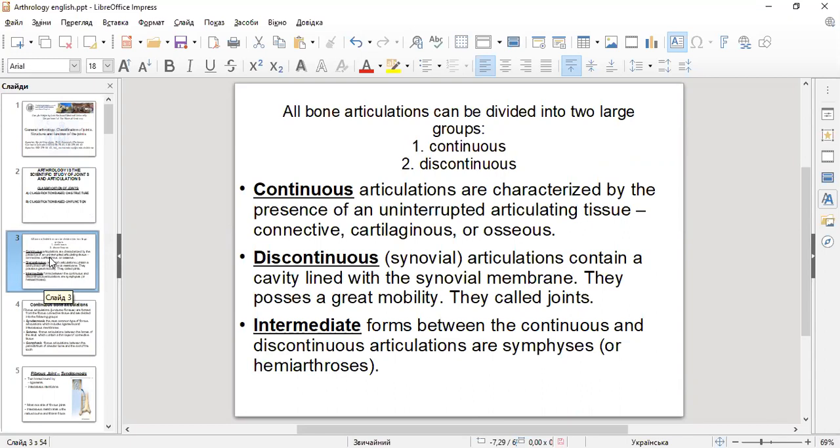They possess a great mobility. They are called joints. Intermediate forms between the continuous and discontinuous articulations are symphysis or hemiarthrosis.